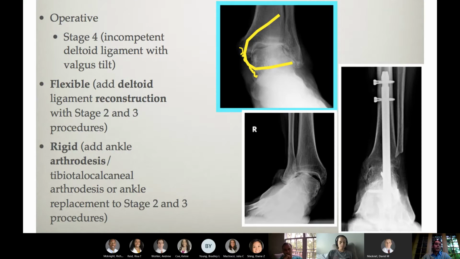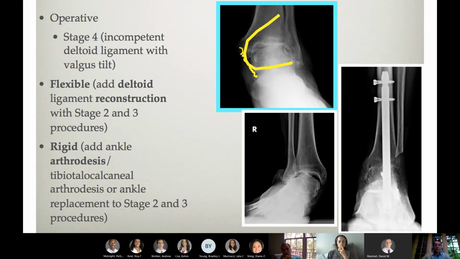And then, you know, stage 4 is where you have deltoid incompetence. Often in these circumstances, you have associated hindfoot arthritis if it is a true flat foot and not just an ankle problem.